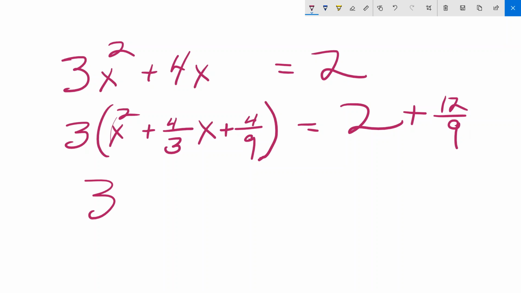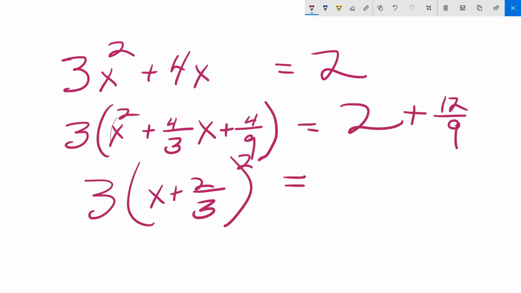How can I write what's inside the parentheses? 3x plus 2/3 squared equals 30/9. Okay, now what?